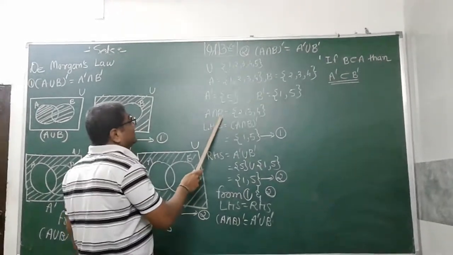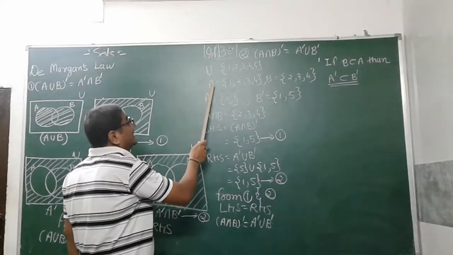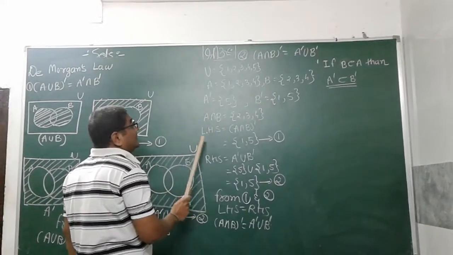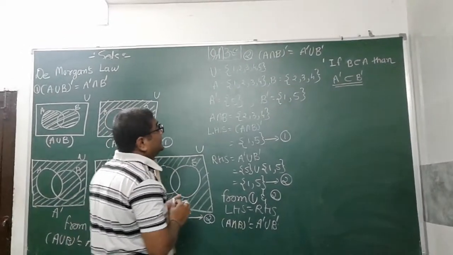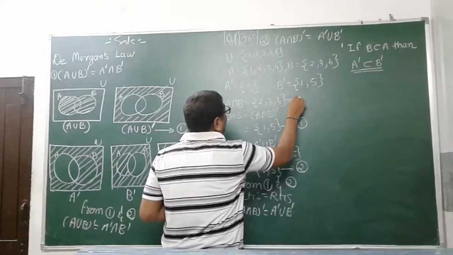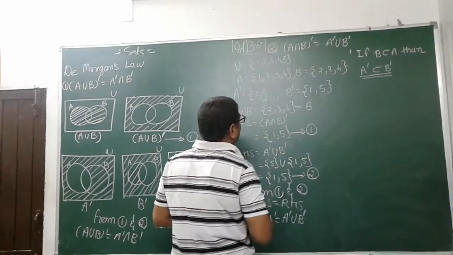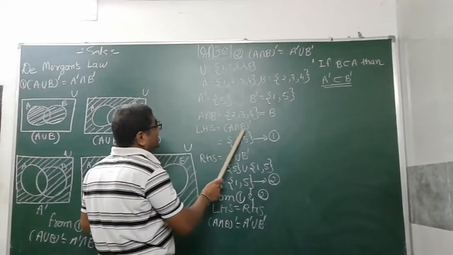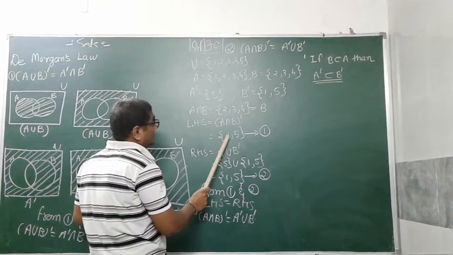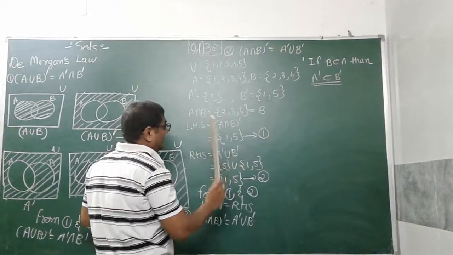Now A intersection B means the elements common to A and B. Here B is a subset of A, so A intersection B is equal to 2, 3, 4, and it becomes B. So (A intersection B) whole complement is the same as B complement, equal to 1 and 5, statement number 1.